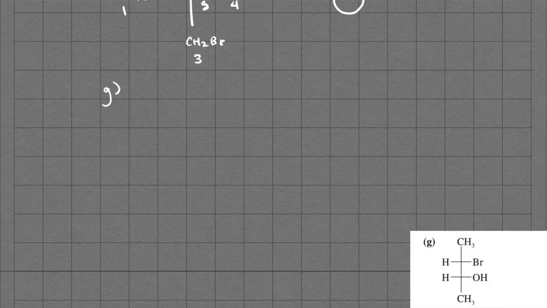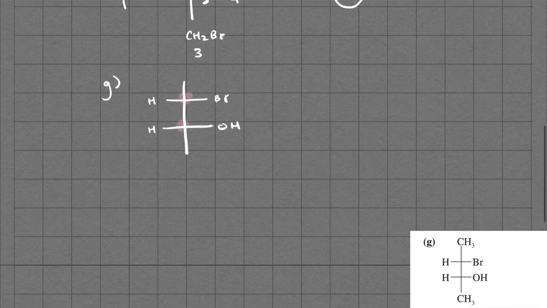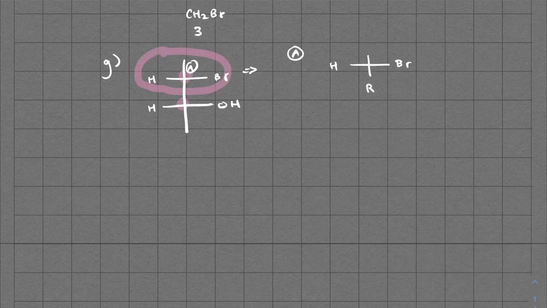Right. Next, we have 3-bromo-2-butanol, and this one is also in the Fischer projections. First, let's find the stereocenters, right over here, right over here. And let's first find the configuration of that segment. So it'll be 1, 2, 3, 4.